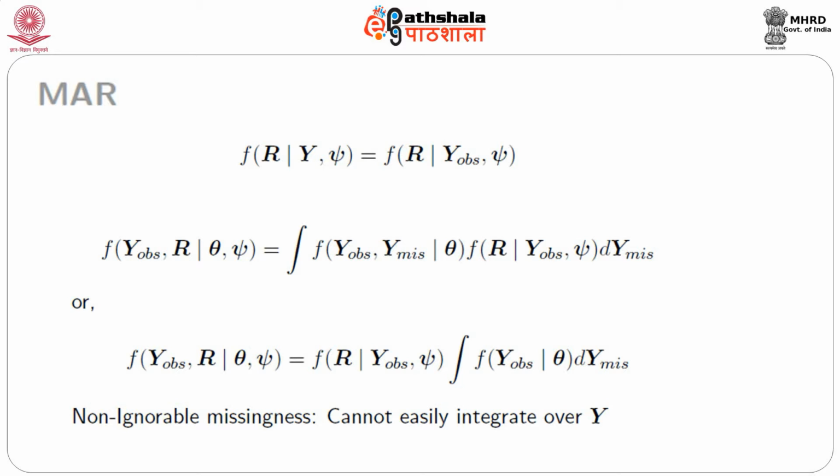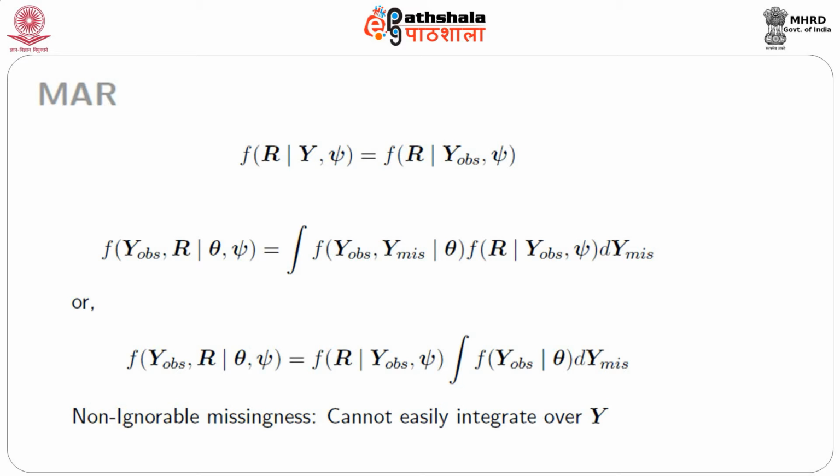And if we do the same procedure, it comes down that f of y observed, r given theta and psi is the integral of f of y observed, y miss given theta into f of r given y observed, psi dy miss. So that means the joint is integrated with respect to y miss, and then that comes to f of r given y observed.